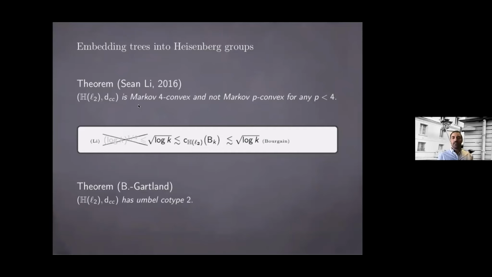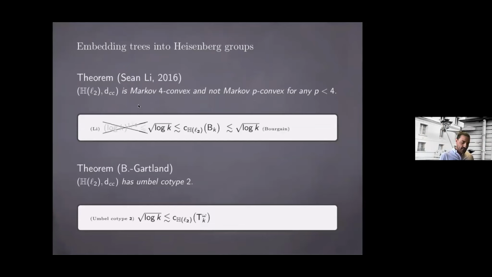So this Umbel convexity that you can upgrade to the full-fledged inequality is actually weaker. And so we showed that the infinite dimensional Heisenberg group has Umbel cotype 2, and not 4.